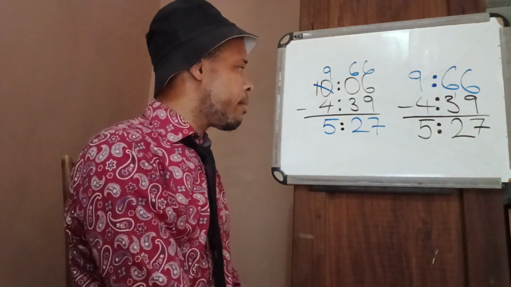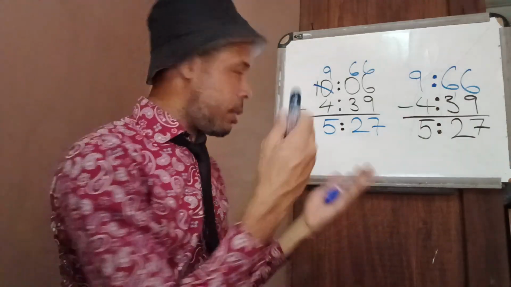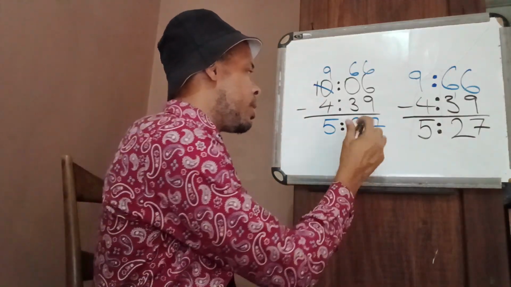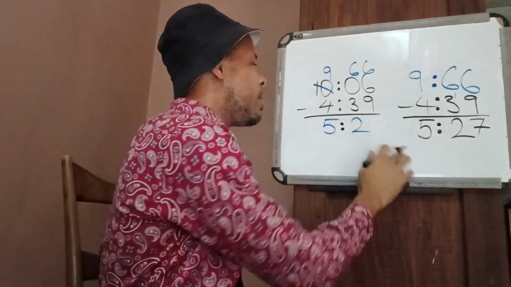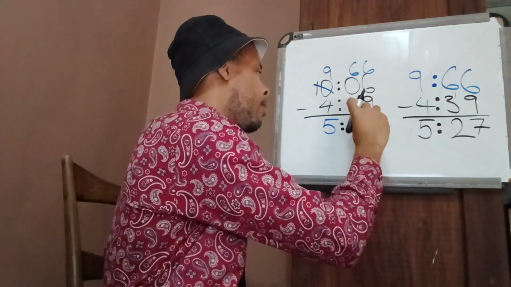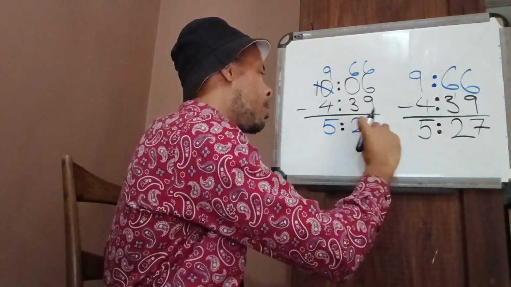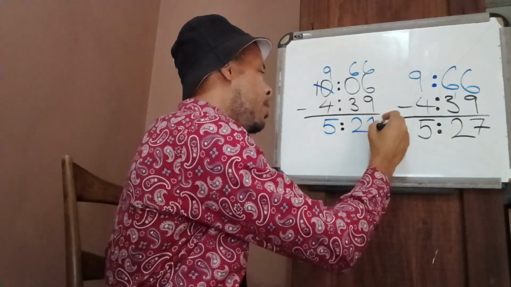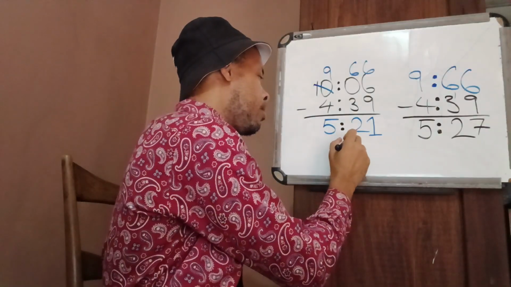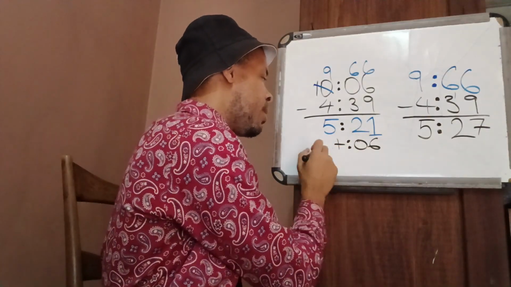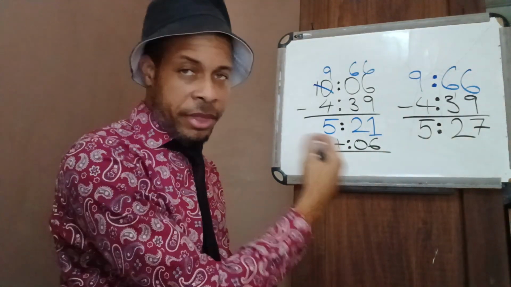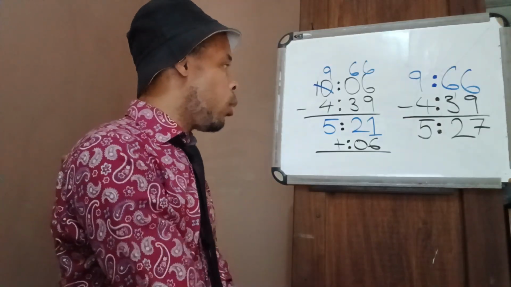There we go. Now, let me just tell you what I literally just did. So imagine this as 521 and you're going to add this. If you think of it that way, then yes, it will work.